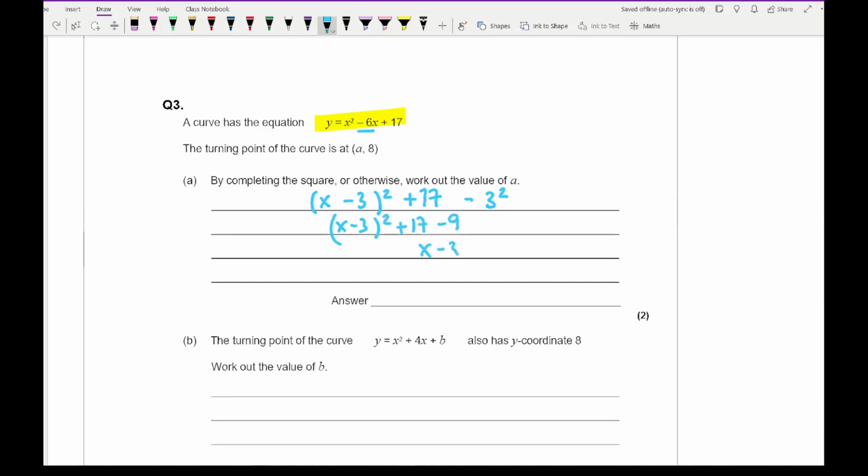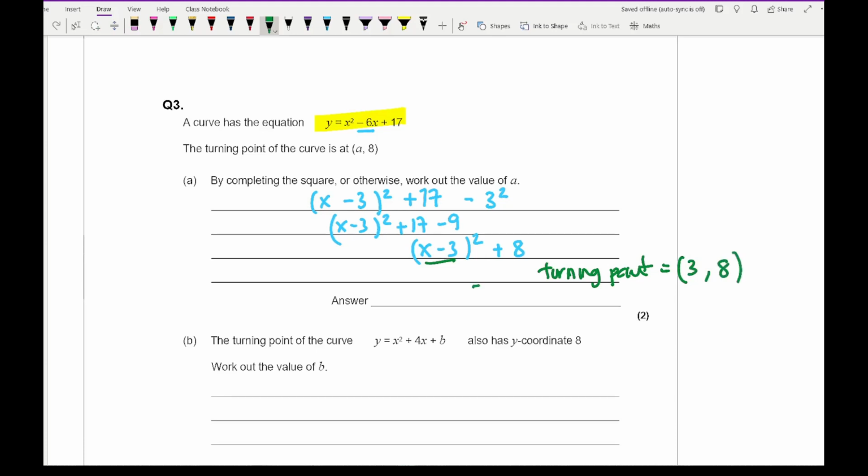So then (x - 3) squared plus 8. Here I can then work out my turning point coordinate. The turning point is going to be at the value of x which makes the bracket equal to 0, which is positive 3, and 8. And the question is asking me to find the value of a.